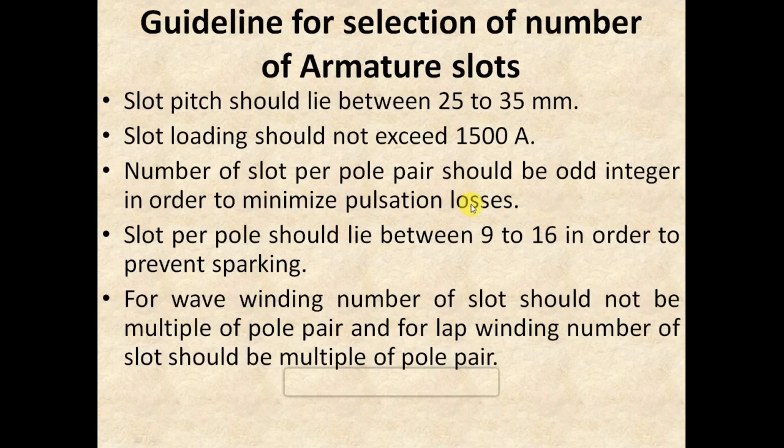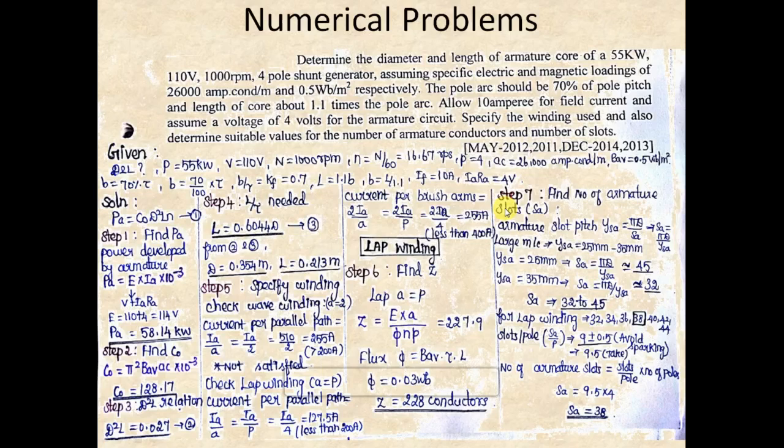Next we will see the very important guideline that is used to minimize the pulsation losses. Slots per pole pair should be an odd integer, or else we can say that slots per pole must be an integer plus half. So from 36 to 44, if we divide 36 by the number of poles, we get an integer.